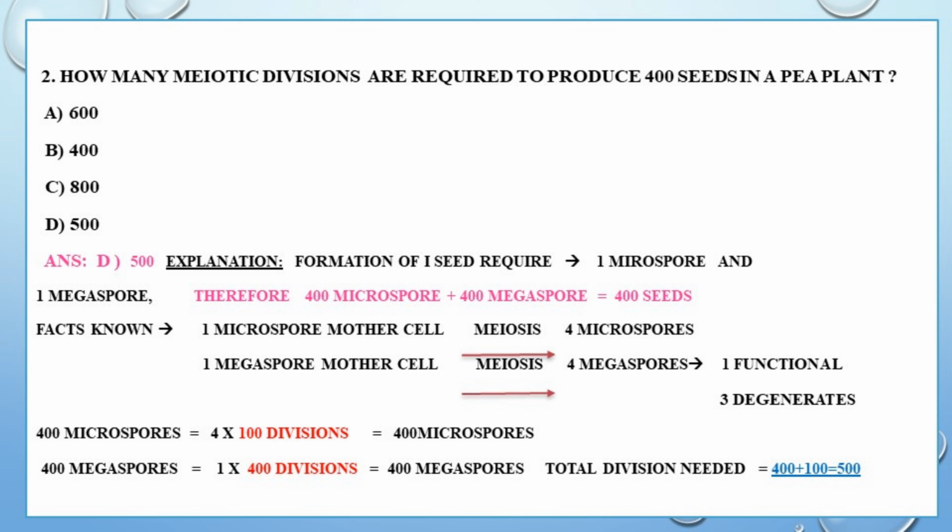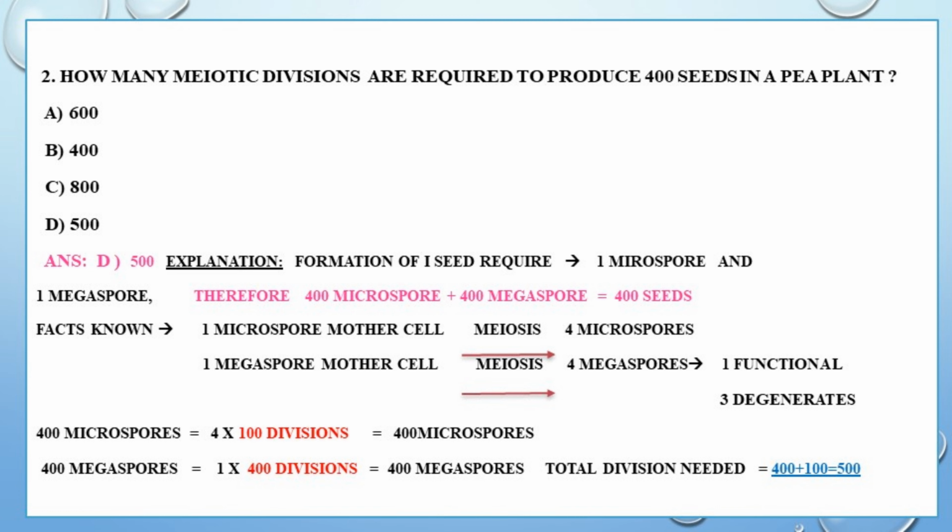Therefore, we need 400 microspores and 400 megaspores to produce 400 seeds. And the facts known for us are one microspore mother cell undergoes meiotic division and forms 4 microspores. One megaspore mother cell undergoes meiotic division to produce 4 megaspores, in which one will be functional and 3 will get degenerated.